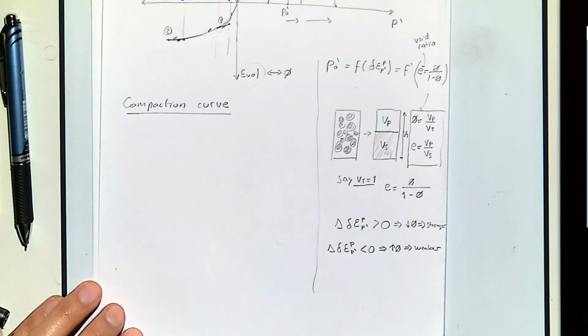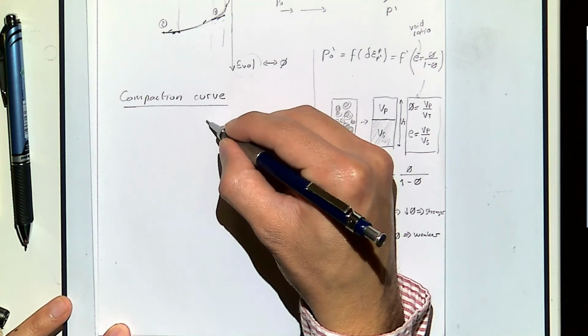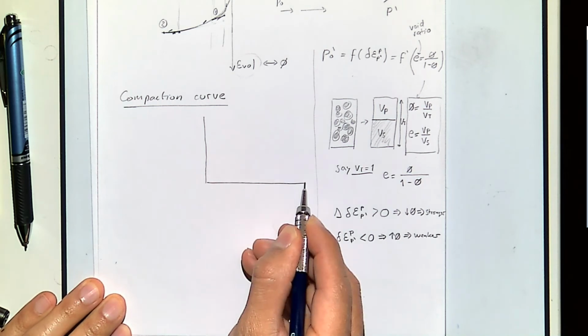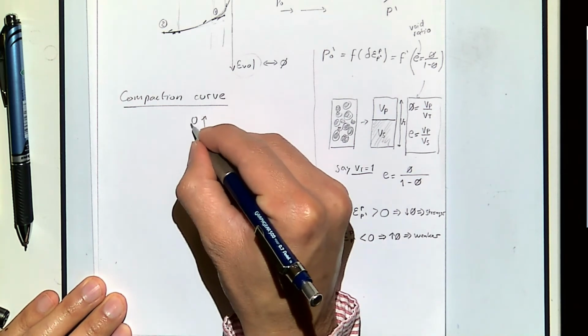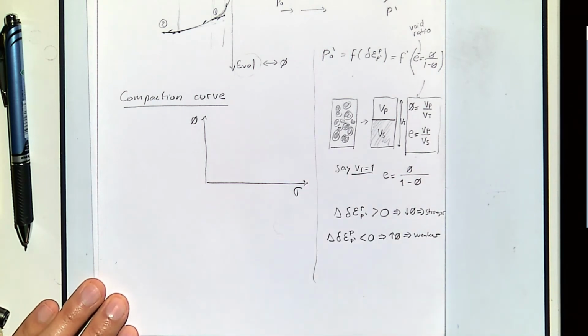A compaction curve is basically a curve that tells us what is porosity as a function of stress.